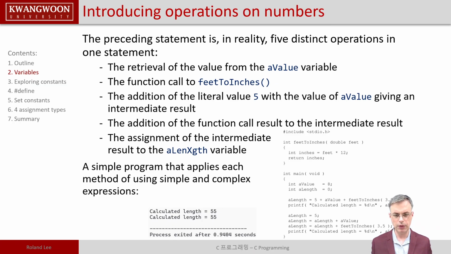So we continue with our file here, actually, with the programming. And the simple program called length.c that applies each method of using simple and complex expressions goes this way. So let's do that quickly.